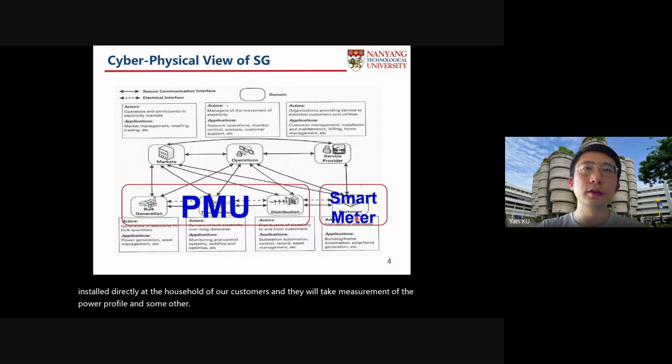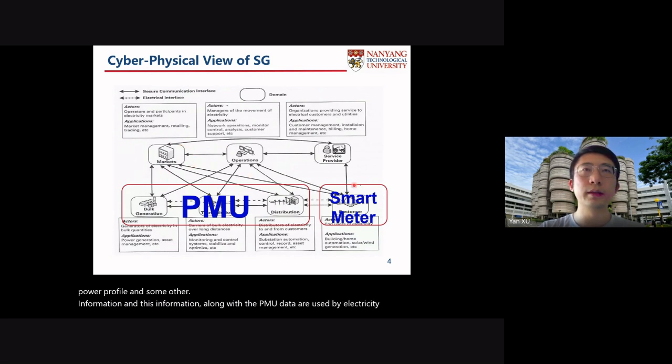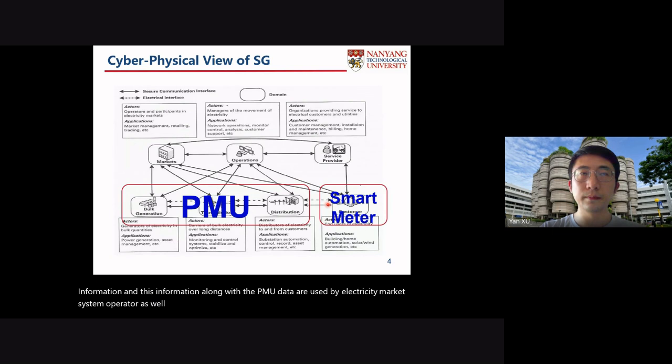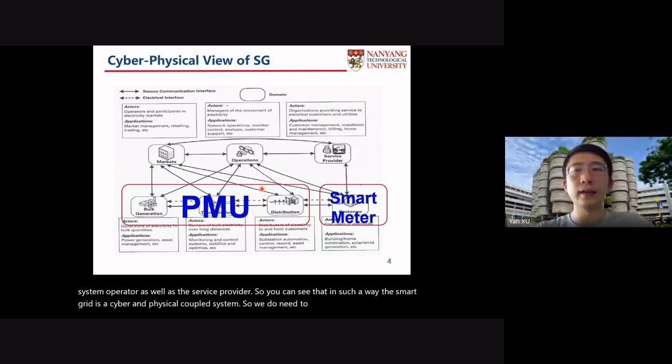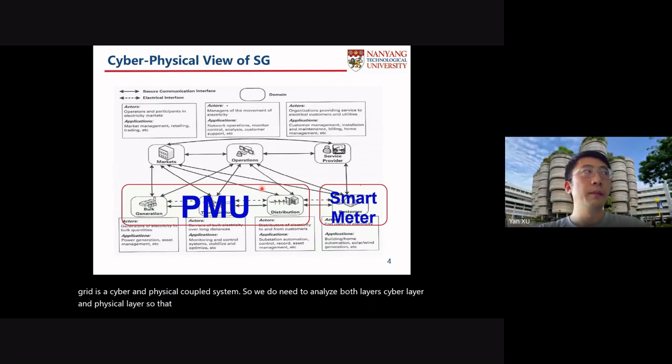And this information, along with the PMU data, is used by the electricity market, the system operator, as well as the service provider. So you can see that in such a way, the smart grid is a cyber and physical coupled system. Okay, so we do need to analyze both layers, the cyber layer and the physical layer. So that is the general idea behind this.